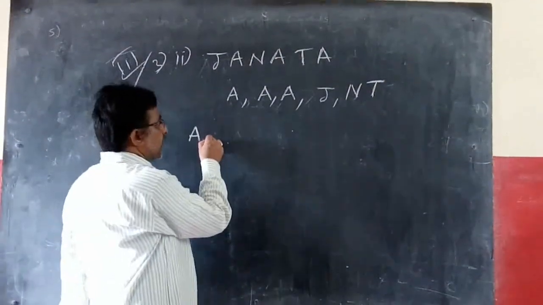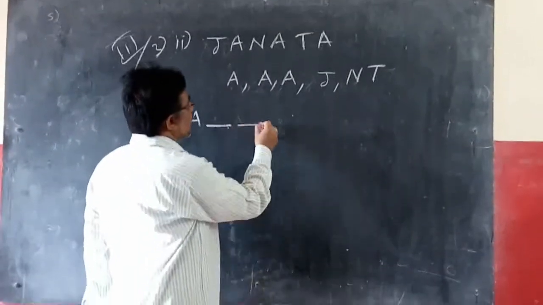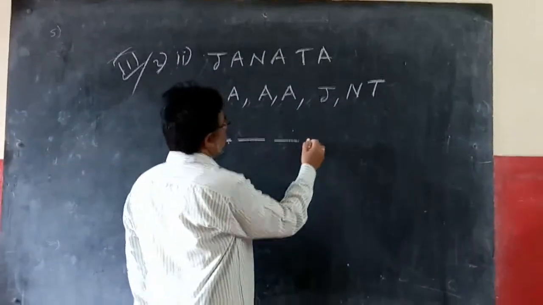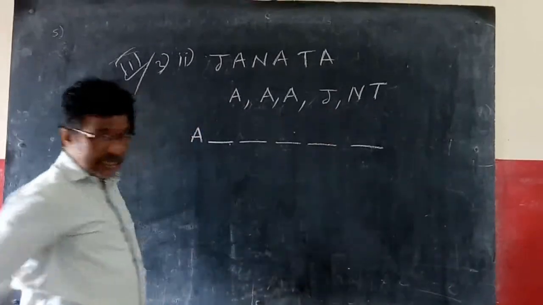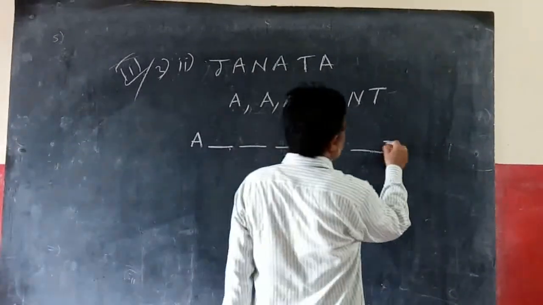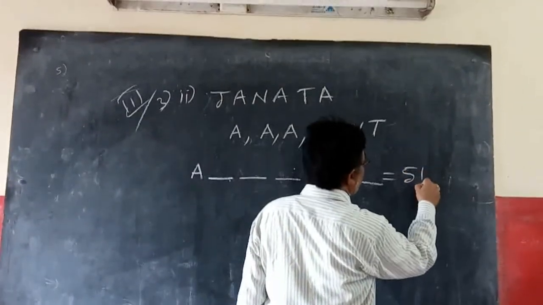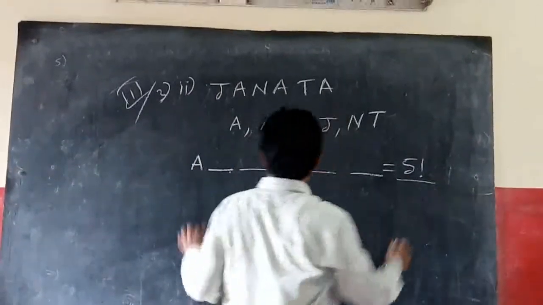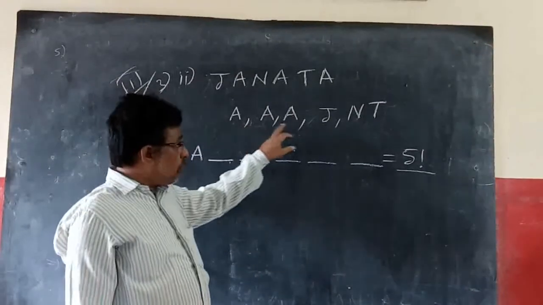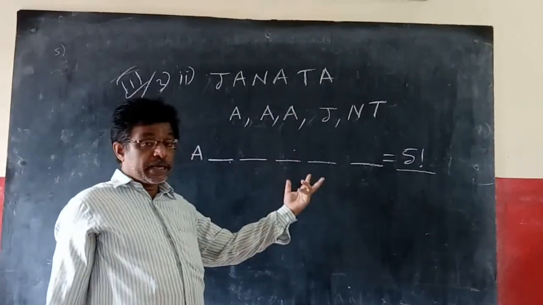Keeping A in the first position, the remaining 5 positions can be filled with the remaining 5 letters. 5 things can be arranged in a line in 5 factorial ways. But 1 A is fixed here, and 2 more A's are going to be repeated.